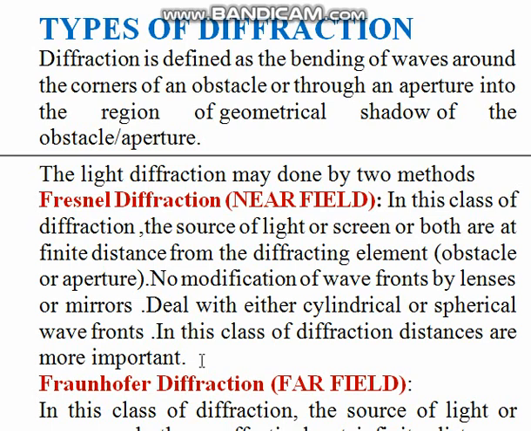The intensity calculation is based on the half period zone method, which is not perfectly accurate; it is just an approximation. The treatment of Fresnel diffraction is somewhat complex from the mathematical point of view. So this is the Fresnel diffraction.